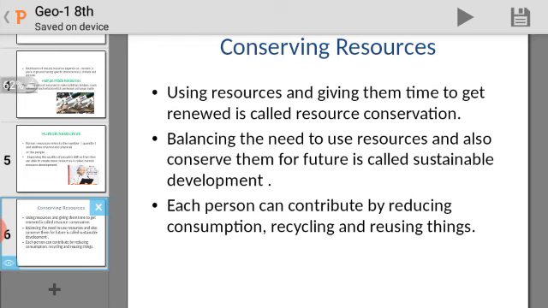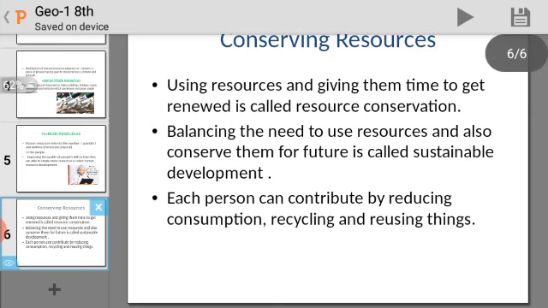Without giving time, if we extract it continuously, automatically within some years it will get over, and for the future, for our next generation, there will be no iron ore to use. So it is much better to give them time.